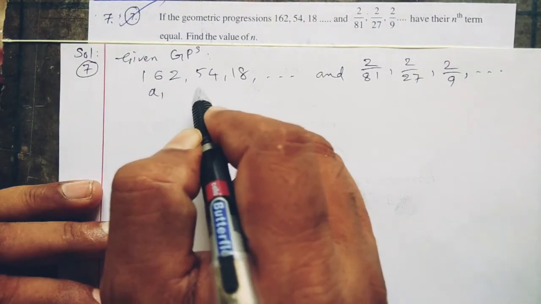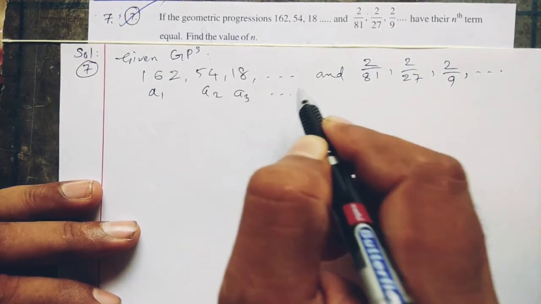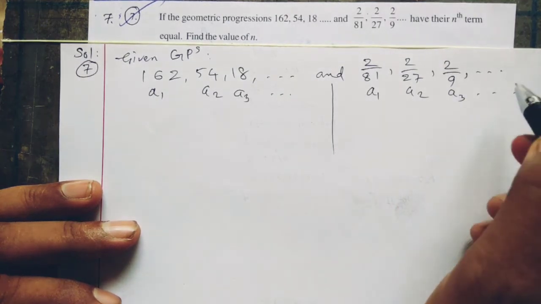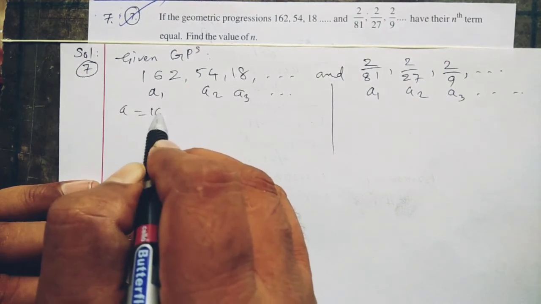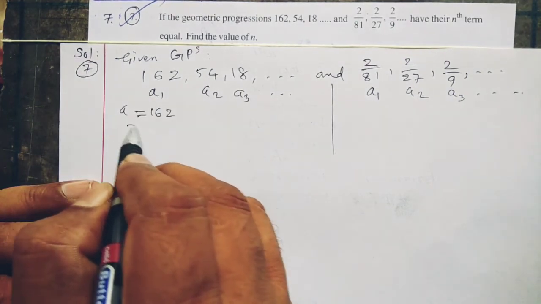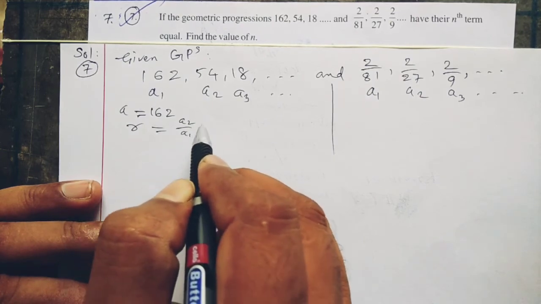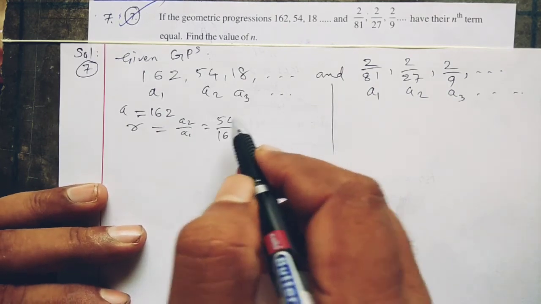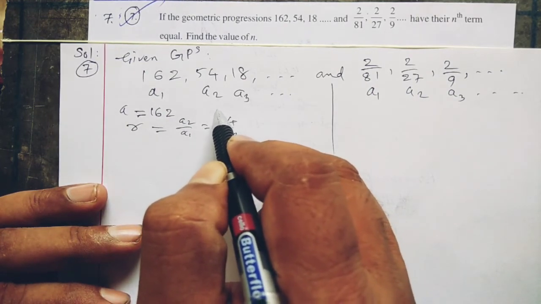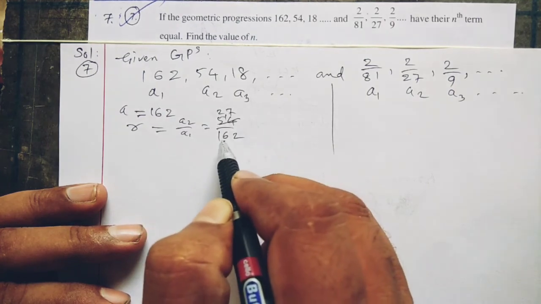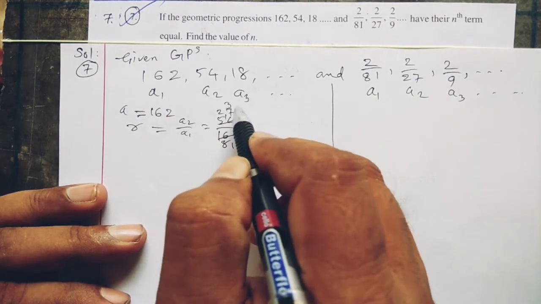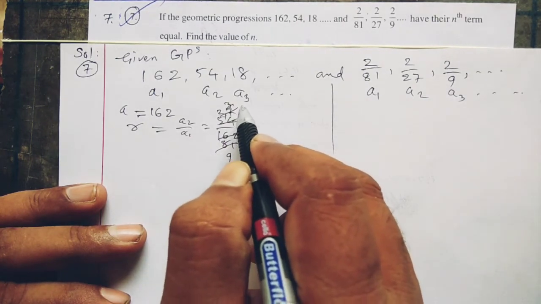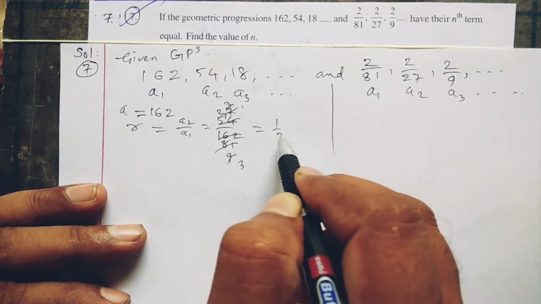Here terms A1, A2, A3 and so on. First term A is equal to 162. Common ratio R is equal to A2 by A1, that is equal to 54 by 162, which gives 1 by 3.